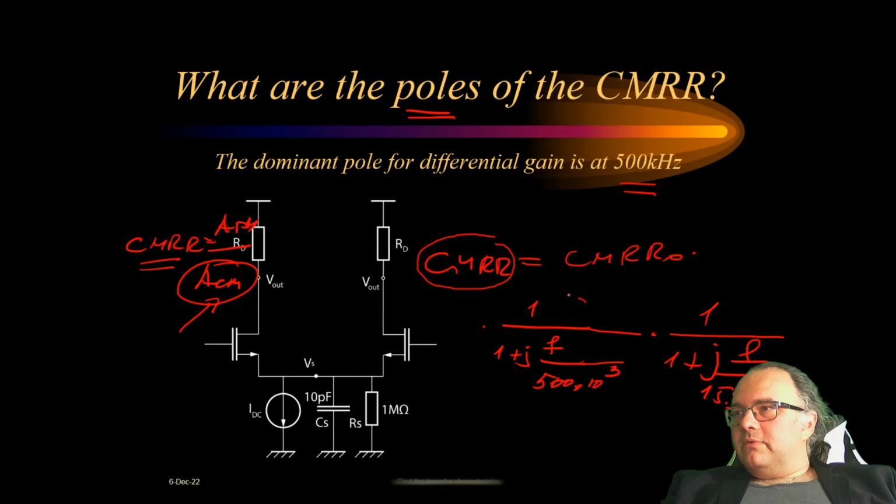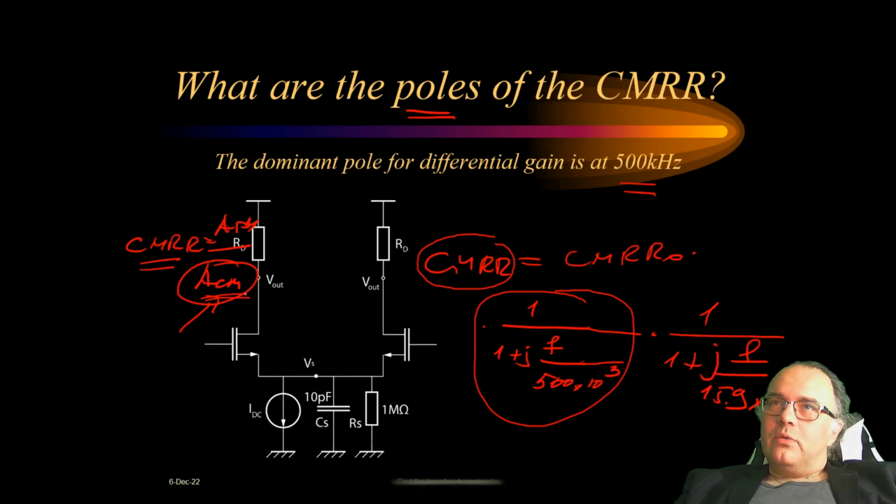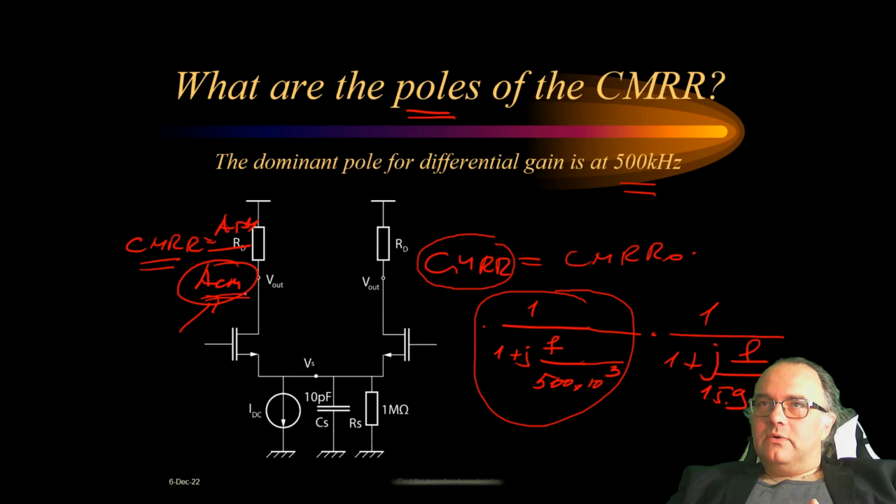However, there will be one pole, which is the pole for the differential gain. So at certain point, the differential gain will decrease. This will also cause the decrease in the common mode rejection ratio. Then at low frequency, the gain for common mode signals will be very small. So common mode signals will be suppressed.